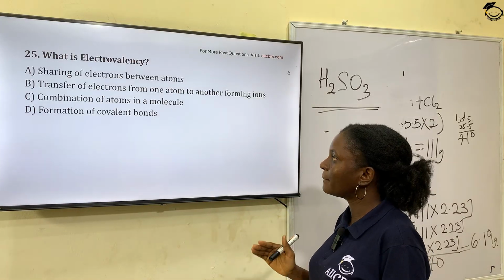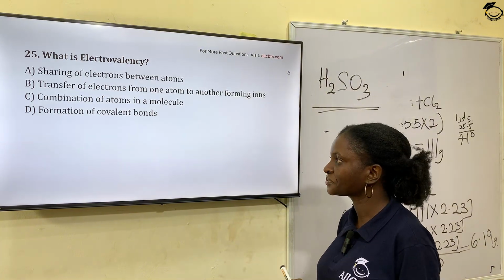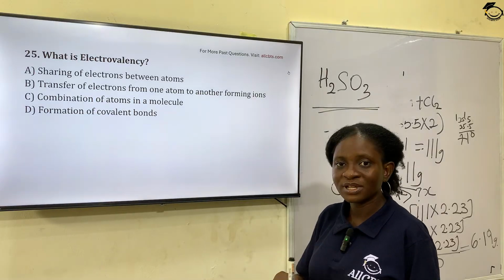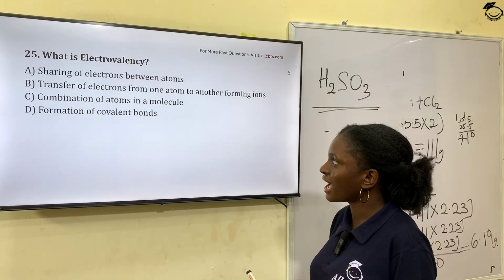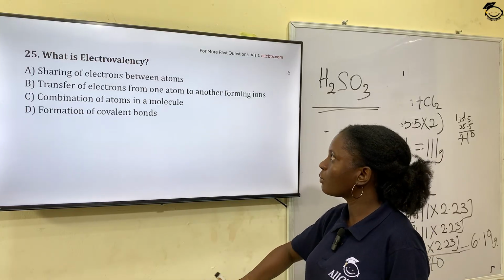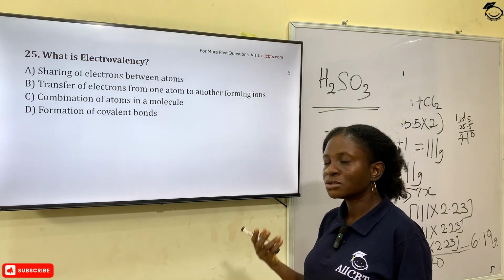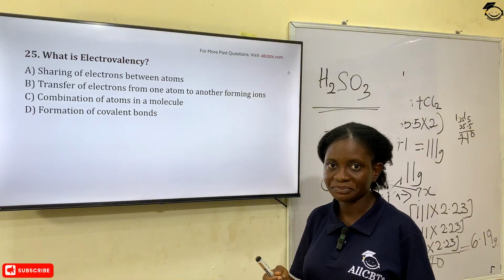Option C, combination of atoms in a molecule. Option D, formation of covalent bonds. So valency is that you transfer or gain. So transfer of electrons from one atom, then another atom is gaining it to form ions. Option B is the correct answer.